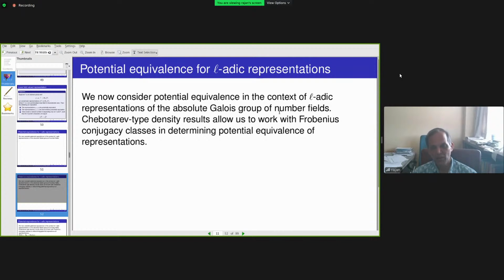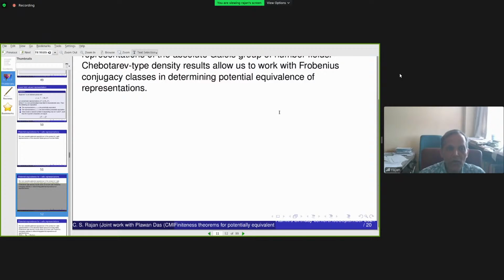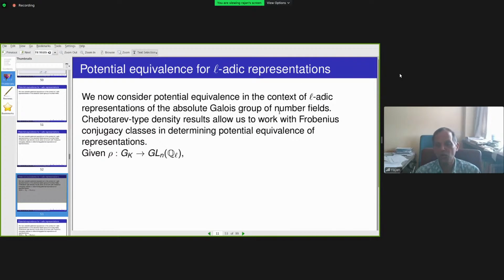The usual Chebotarev is when G is a finite group, and you're looking at a Galois group of a finite extension. But here I'm looking at Elliptic representations, and I would like to try to state a Chebotarev theorem for some conjugacy class.